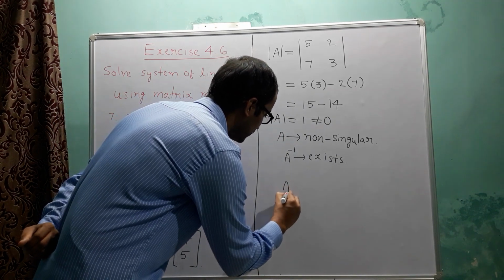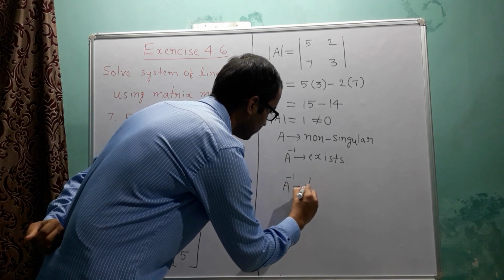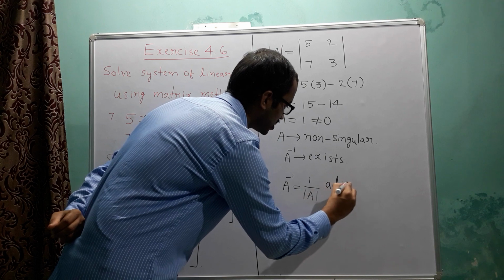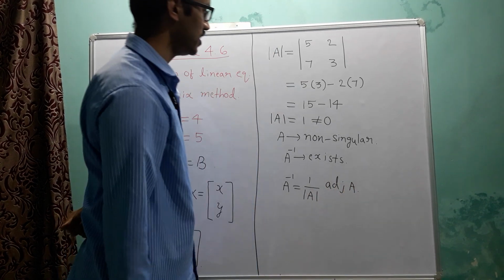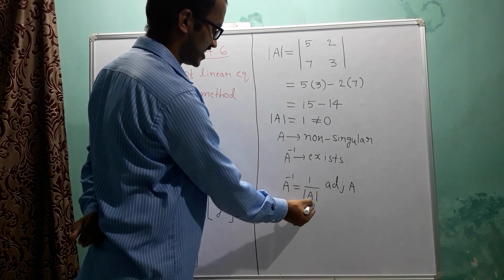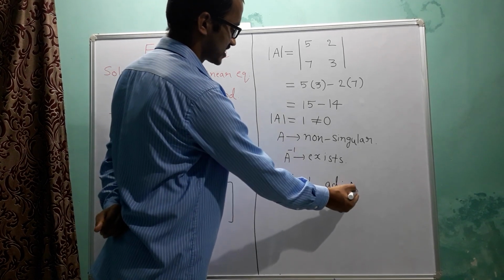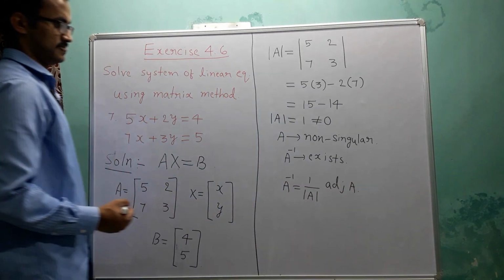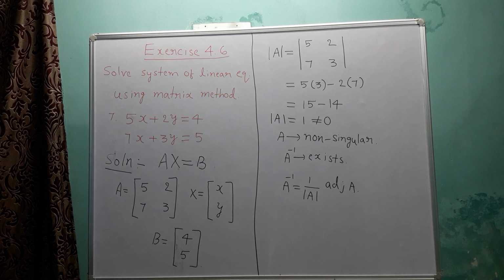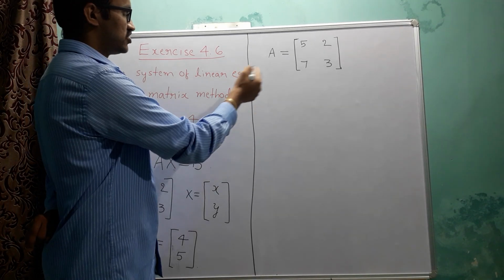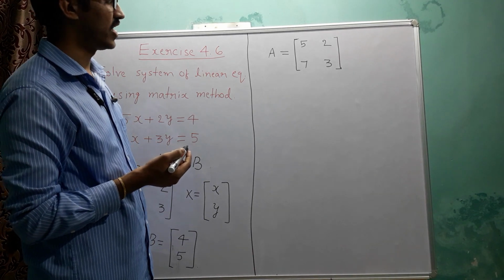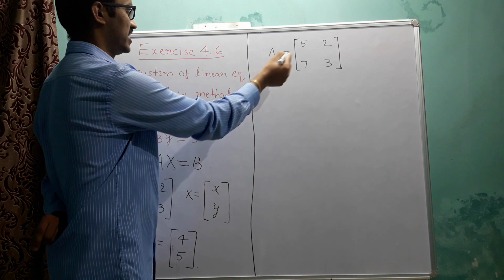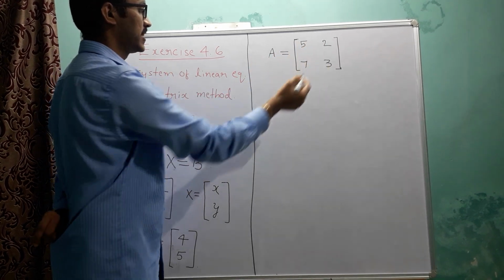We know that A inverse is equal to 1 by determinant of A into adjoint of A. So already we obtained the value of determinant of A. Now let us compute the value of adjoint of A. To compute adjoint of A, we need to find the cofactors. So consider the matrix A. Here matrix A is 5, 2, 7, 3.